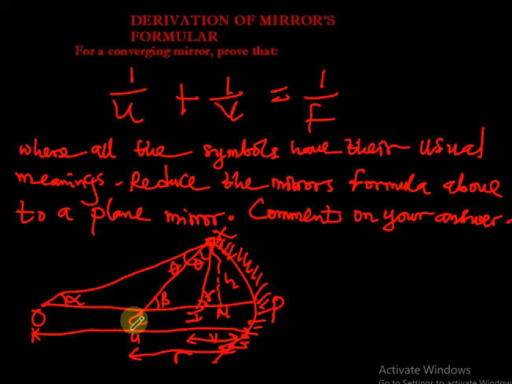So if you consider now the triangle CXO, CX back to O, what do we have there?